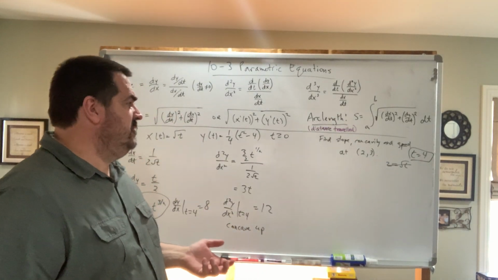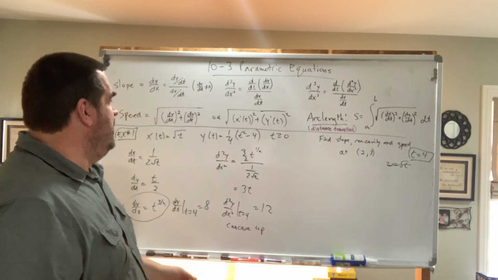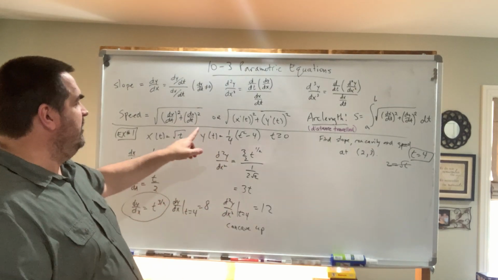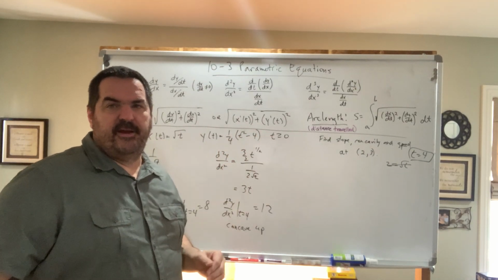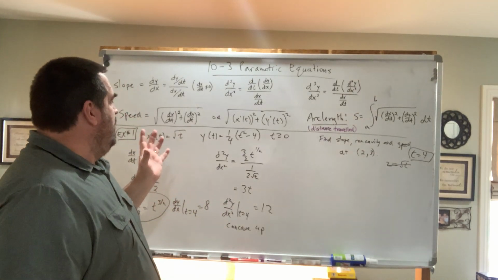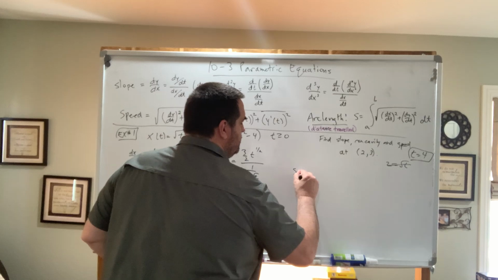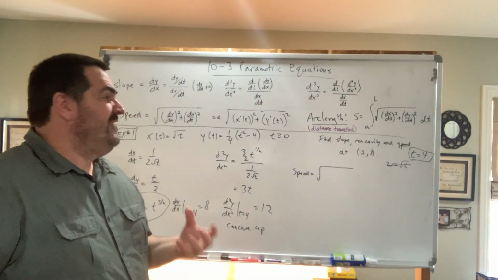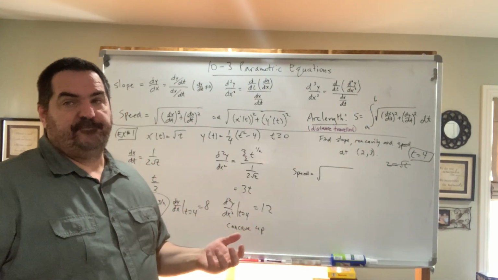All right, now, third question is the speed. Well, speed is radical dx/dt squared plus dy/dt squared. This is saying the same thing, just in a different format. So to find the speed, it's radical dx/dt at the point, whatever it's checking, squared.